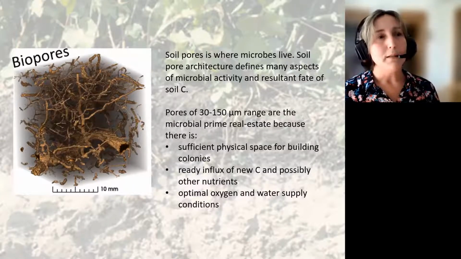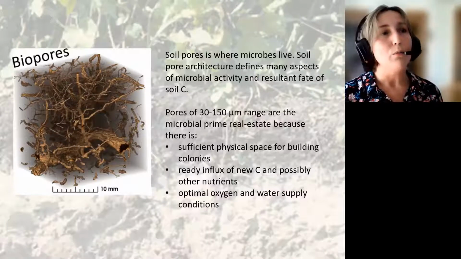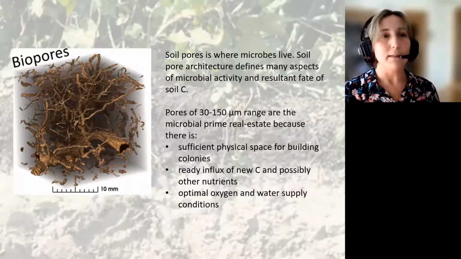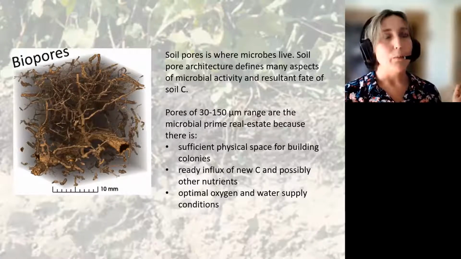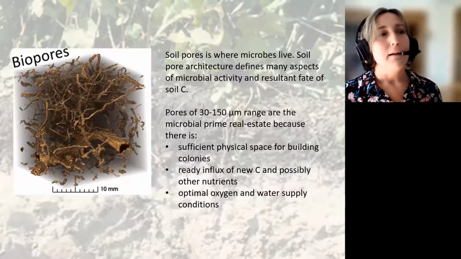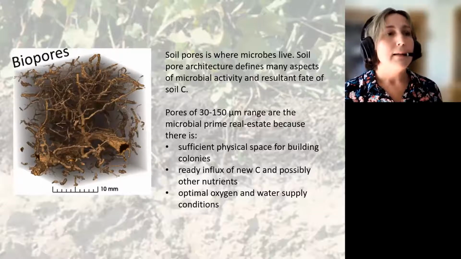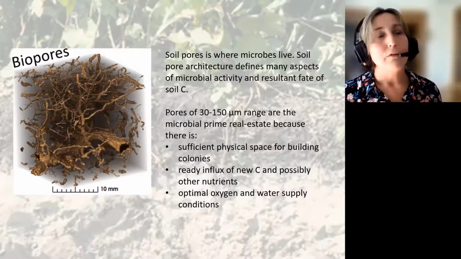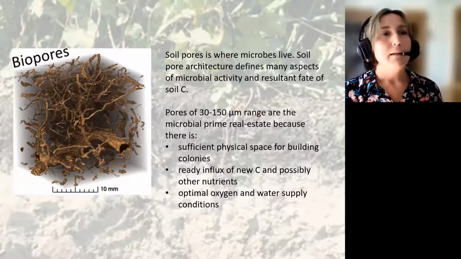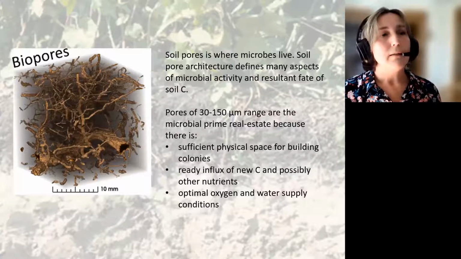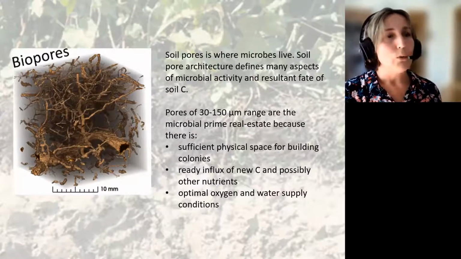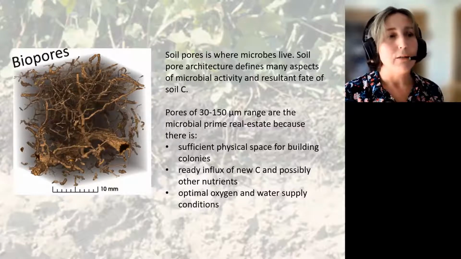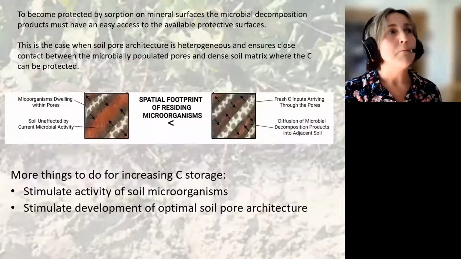What we've been observing is that pores in some 10th micron size range seem to be like microbial prime real estate in the soil because they provide sufficient physical space. They are the ones where the roots grow in and provide nutrients, and they are the ones that provide optimal water supply and optimal oxygen conditions.